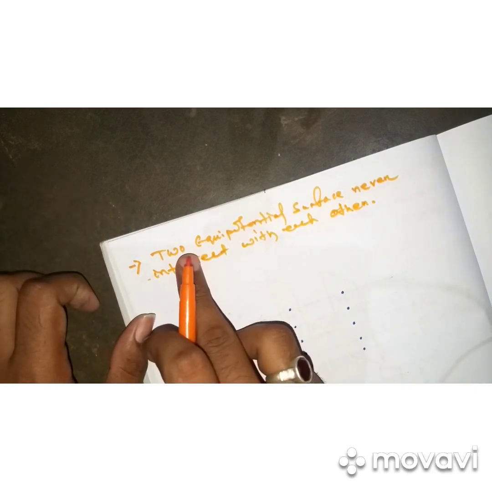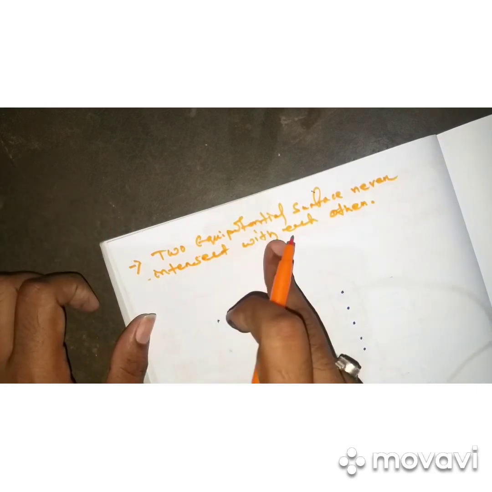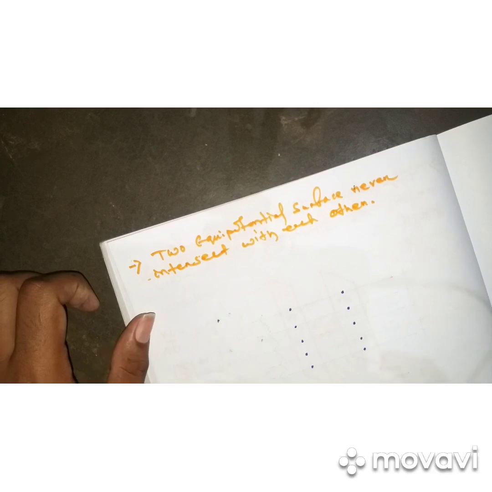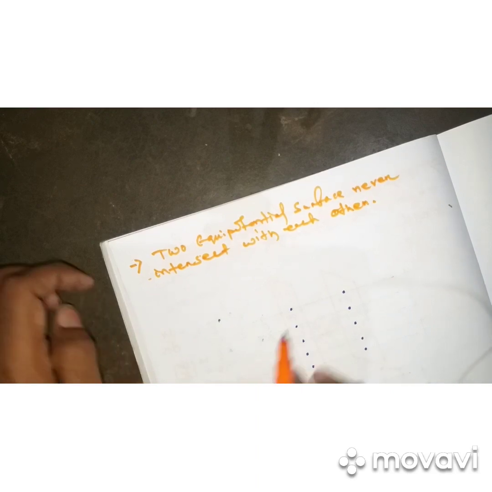What do you mean? Two equipotential surfaces never intersect with each other. Means what? Suppose this is one equipotential surface and this is another equipotential surface. On each point of that surface the potential remains constant. If we assume the two equipotential surfaces intersect each other, at the point of intersection there is a common point.